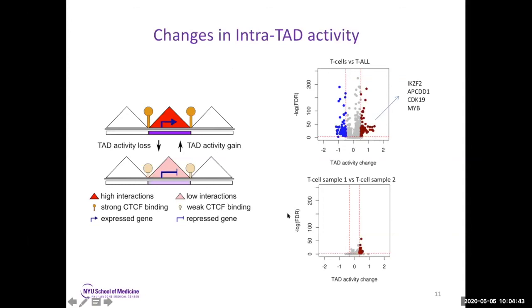And if you look at that and compare T cells and T-ALL cells, you can see a lot of these genes that appear to be inactive TADs, and some of them are kind of like classical oncogenes in T-cell leukemia, and also are genes that are driven by Notch and MYC as we actually expected. And you can see comparison down here of two normal T-cell samples, and you basically don't see these significant changes that we see above when you compare normal T cells with T-cell leukemic cells.